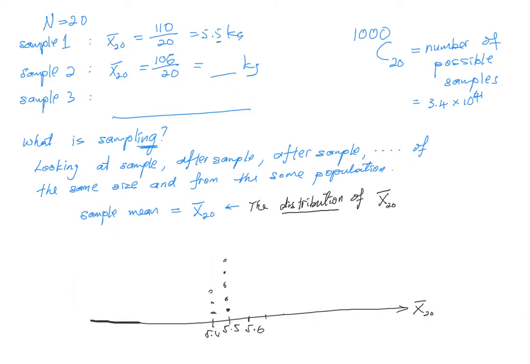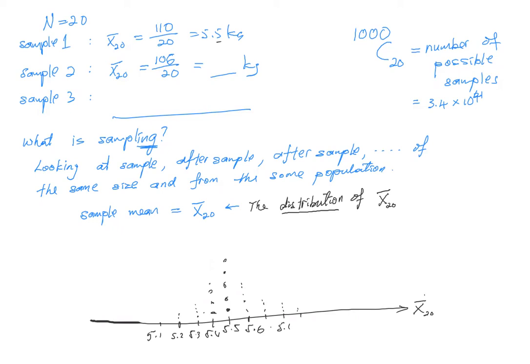If you get many, you will look at the shape. It will be something like a normal distribution, symmetrical, with very few very low and very few very high.